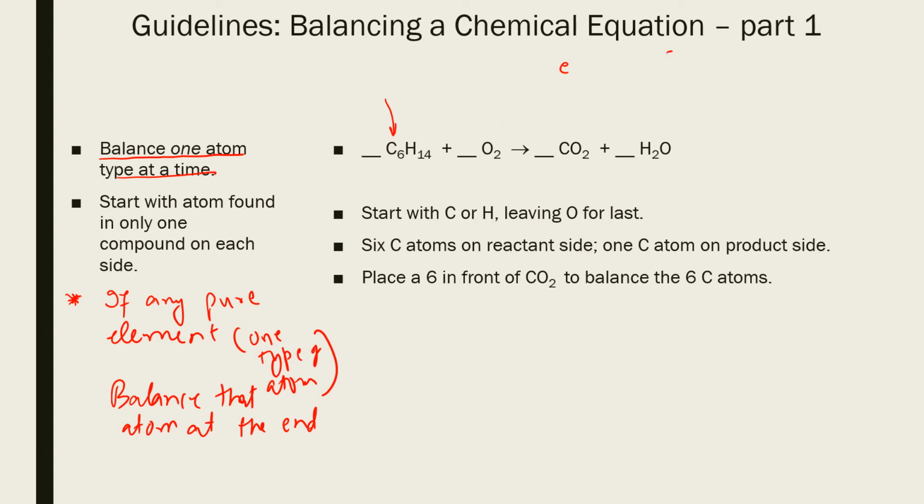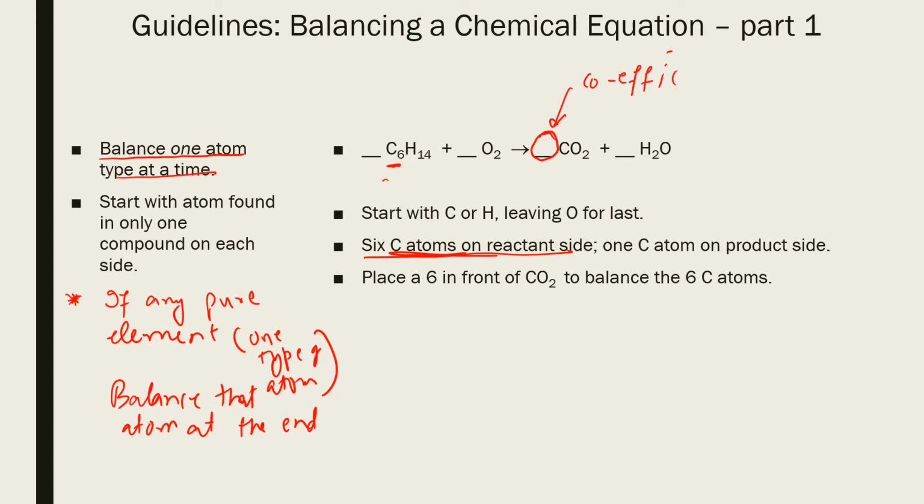So let's start with carbon first. Balancing means that we need to equalize the number of atoms. In the reactant side, we have 6 carbon atoms, and if we look at the product side, only 1. One thing we cannot do is put a subscript here. You cannot put C6 right here and say it's balanced. No, that is incorrect. The only thing we can do is put a number here. These are called coefficients.